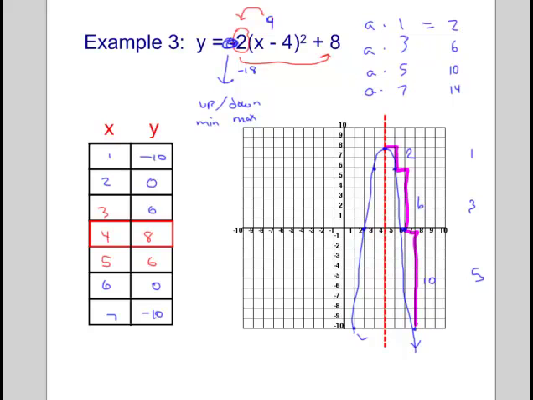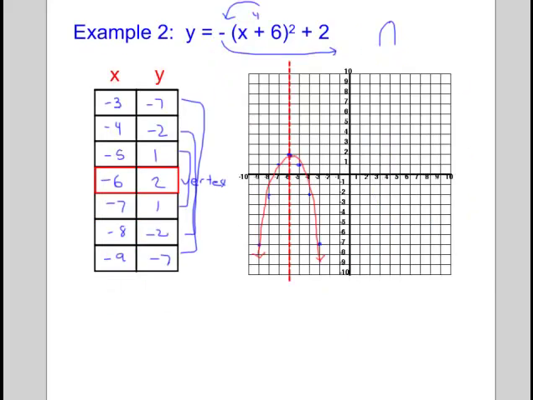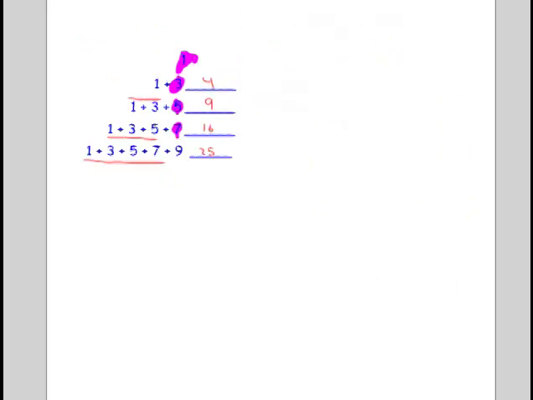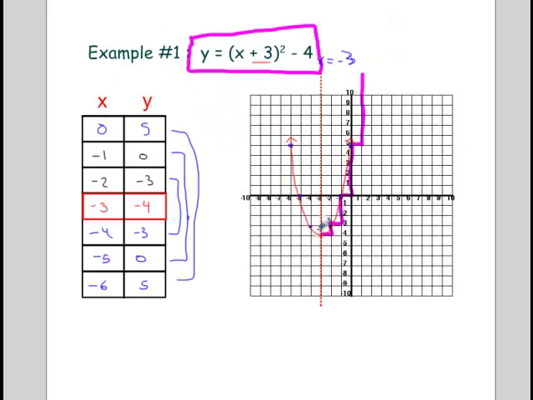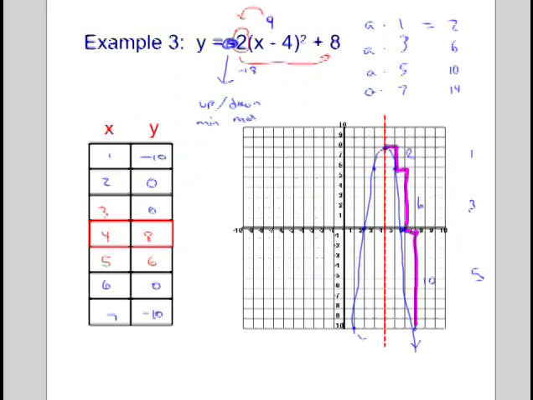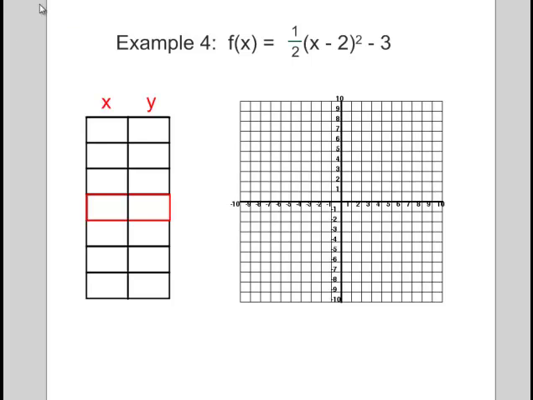So there you go. Those are all the rules for graphing parabolas from vertex form. Back to the ones where a was 1, it's just 1 times 1, 1 times 3, 1 times 5. Simple. Alright, last example, and then one try it problem.